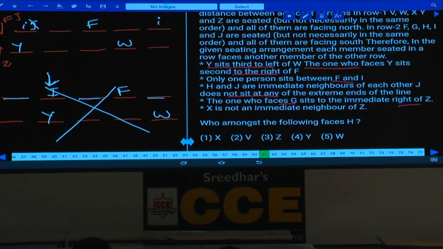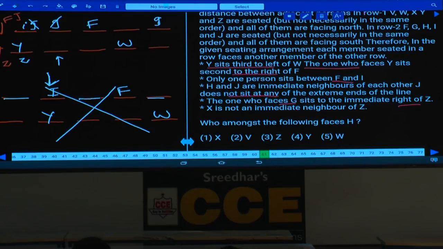Can G be at this place? If G is here, the one who is facing G must be an immediate neighbor of Z. Hence Y and Z must be in the same place, which is not possible. Hence G cannot be here as well. Then can G be at this place?